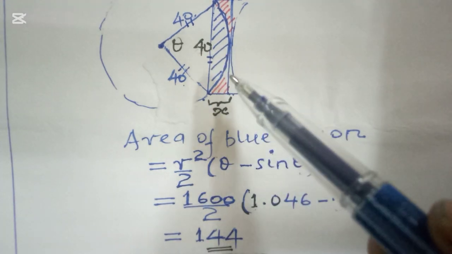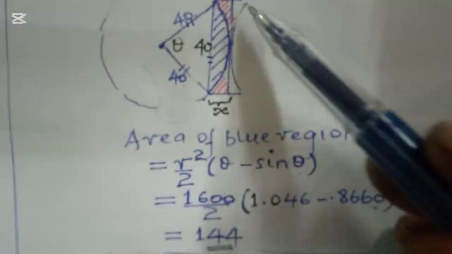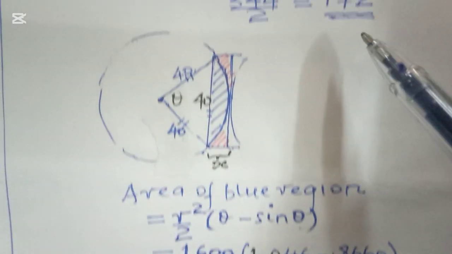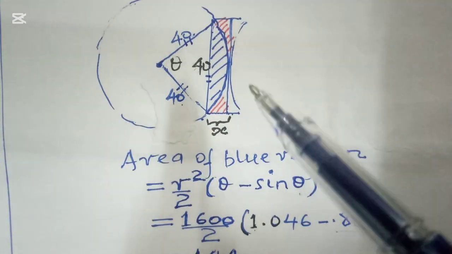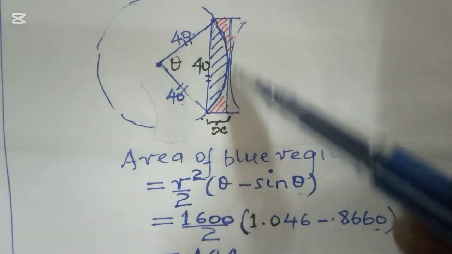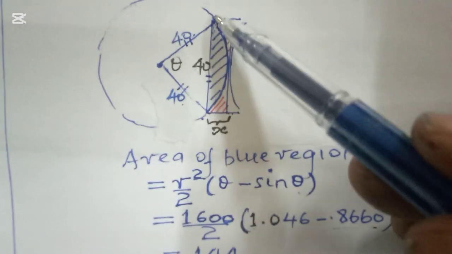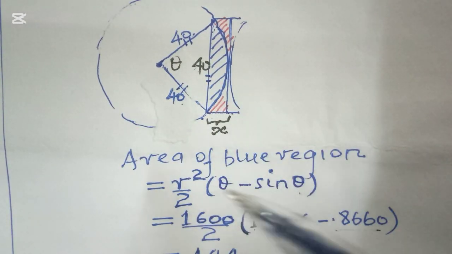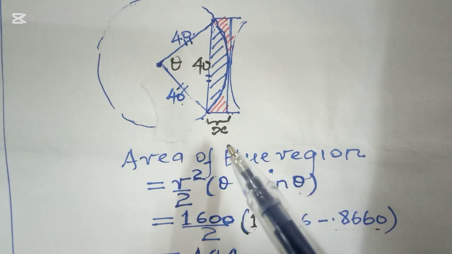Now we want to find the area of the red region here so that we can combine it with this other area that we found here, which was 172. Guys, what we need is that we get the area of this rectangle, as you can see. And one of the sides of the rectangle is 40. So what is remaining is this x. And how do we find the x?